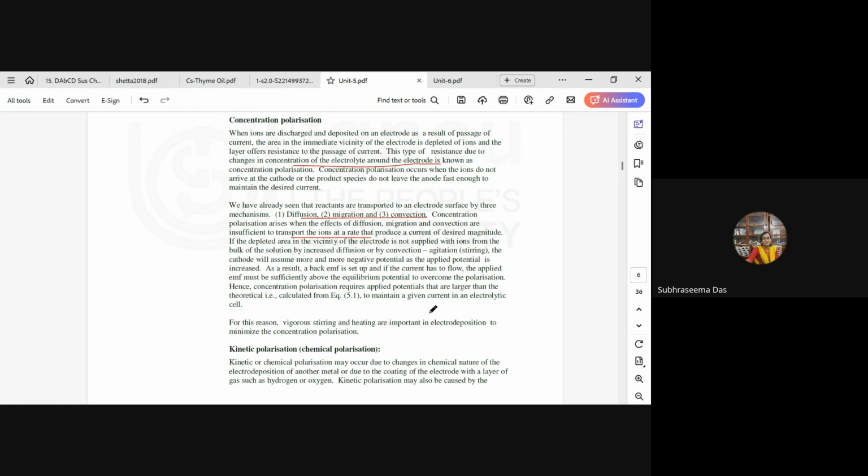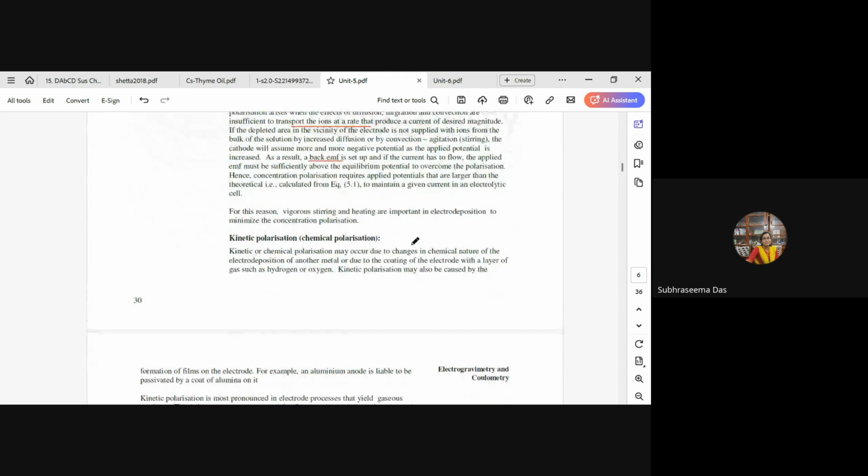If the depleted area in the vicinity of the electrode is not supplied with ions from the bulk of the solution, then the cathode will take up more and more negative potential when we keep on increasing the potential. As a result, a back EMF is set up and the current has to flow through it. For this reason, vigorous stirring and heating are important in the electrode deposition process.